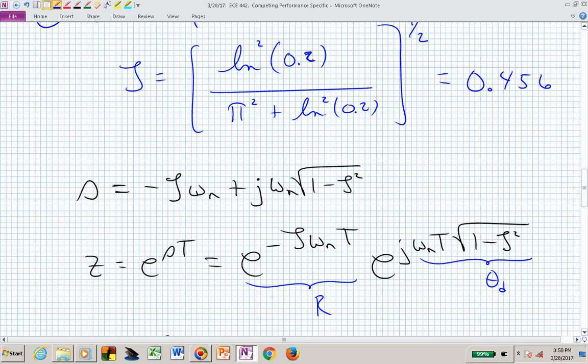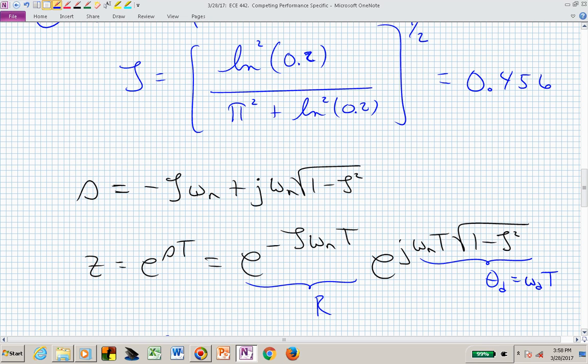We now have e to the minus zeta omega sub n T as this radius r, and we have our angle theta sub d, e to the j theta sub d, where theta sub d is omega sub d T, and omega sub d is just the scaled natural frequency, omega sub n square root of 1 minus zeta squared.